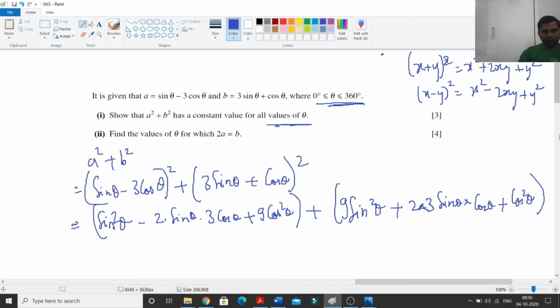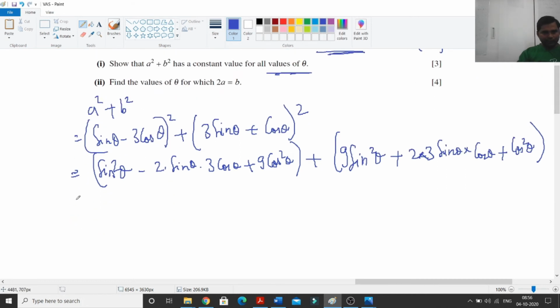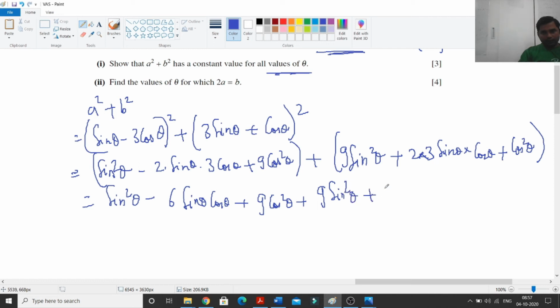Okay, so now open the brackets and simplify. So we'll get sin square theta minus 6 sin theta cos theta plus 9 cos square theta plus 9 sin square theta plus 6 sin theta cos theta plus cos square theta. Sin square theta plus cos square theta, let's write it together.